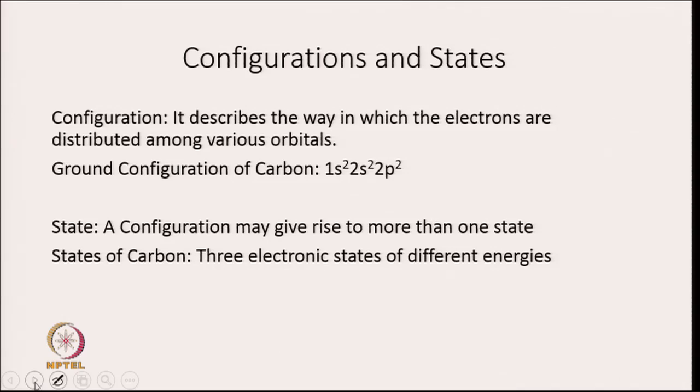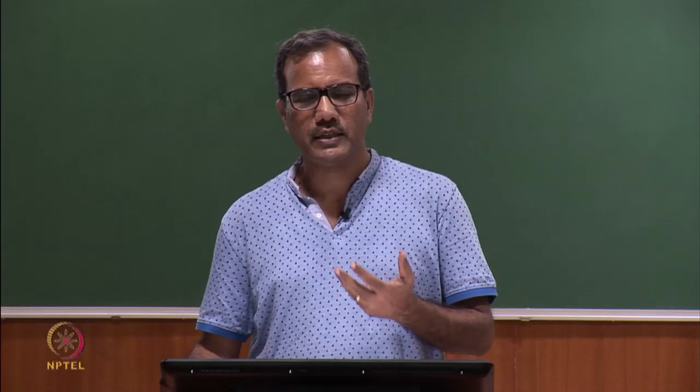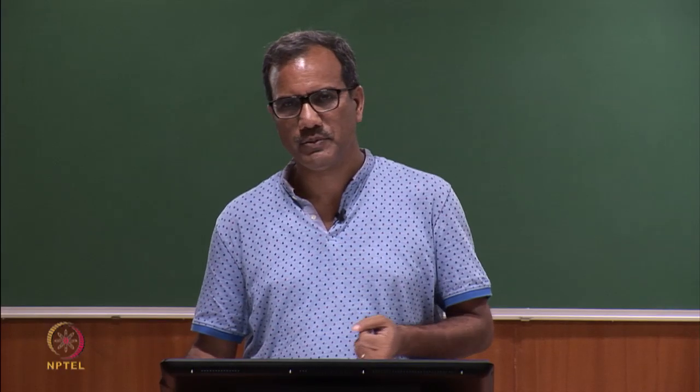This is known as the configuration, but state is different. A configuration may give rise to more than one state. For example, 1s2 2s2 2p2 can give you more than one state of carbon, and what we generally get is 3 electronic states of different energy.